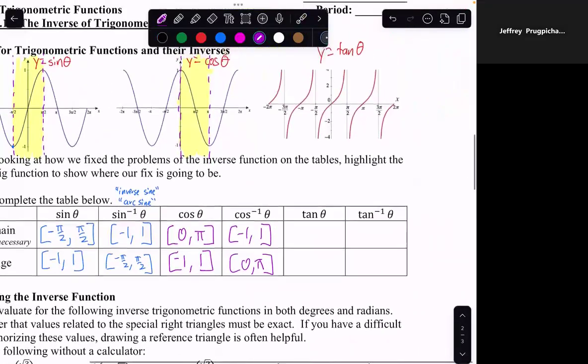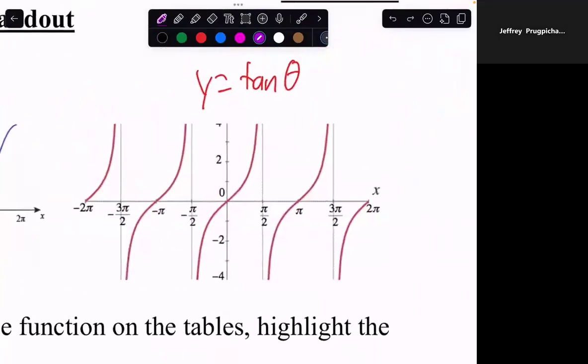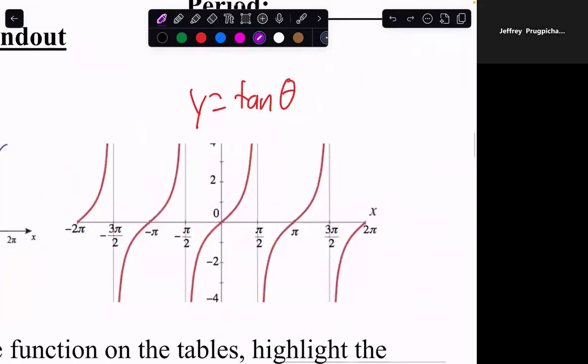Okay, and then lastly, we have tangent, which looks like this. Again, we need the section to be 1 to 1. This one's already kind of divided up for us, right? So can we just use this section between the vertical asymptotes? It passes the vertical line test, and it also passes the horizontal line test.